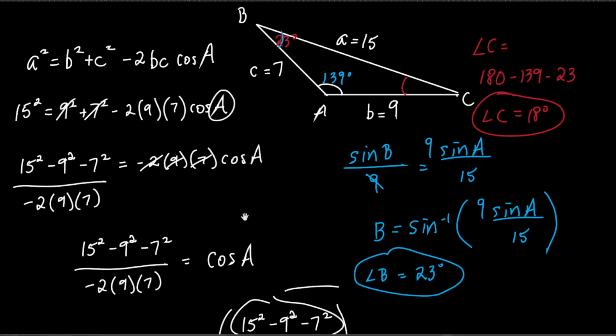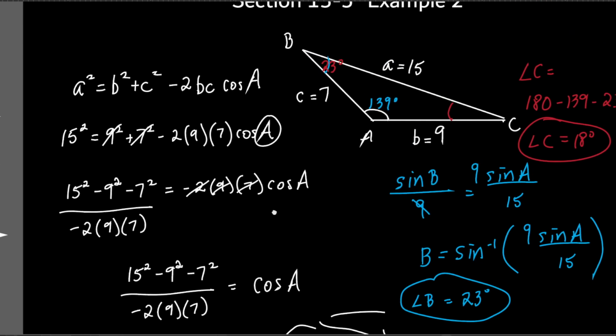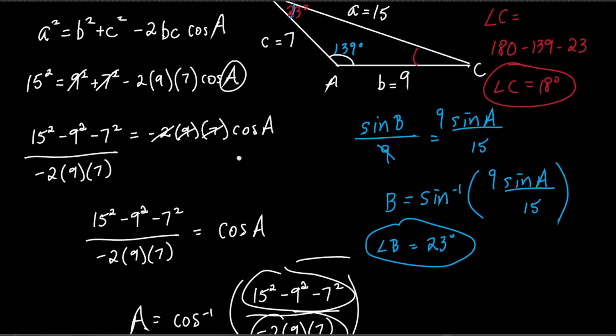Definitely the hardest part was just getting A by itself with the law of cosines. But if you do it a few times, it's really not so bad. We okay with that? Did it make any sense? Am I explaining it okay? Again, it's just 3 steps.